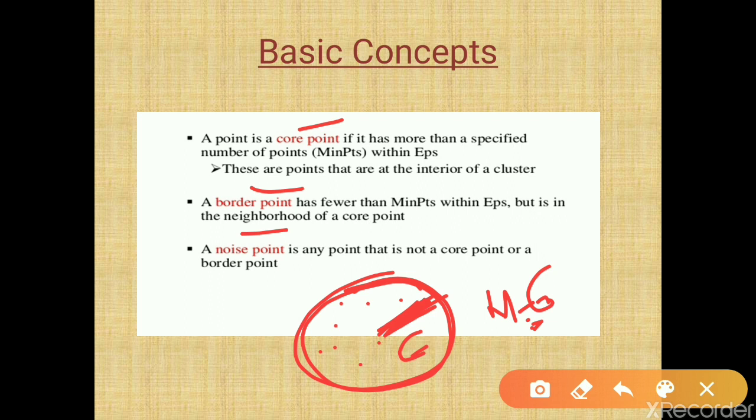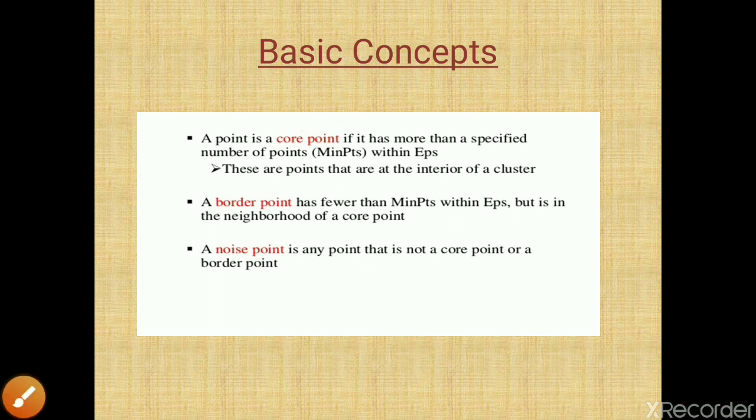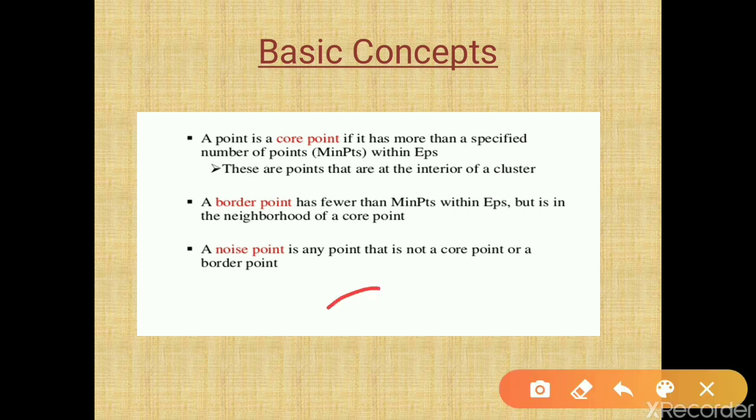Now, what is meant by a border point? A border point is a point which has fewer than minimum points within the epsilon. I will draw one example. If this is my cluster and this is the epsilon value and minimum points is taken as 6, but it contains fewer points, like 4. Here you can see 5 points.